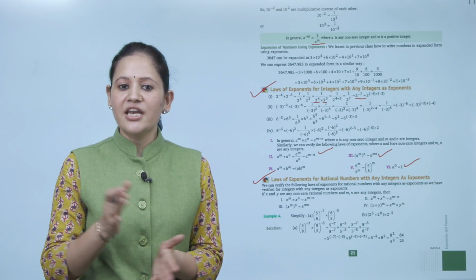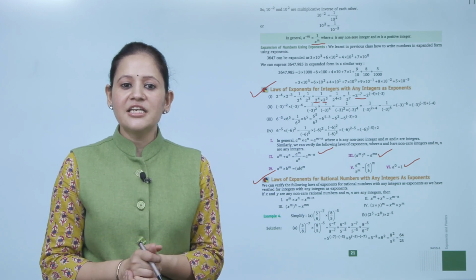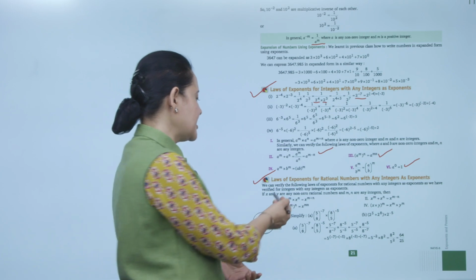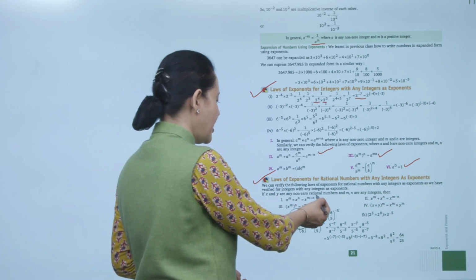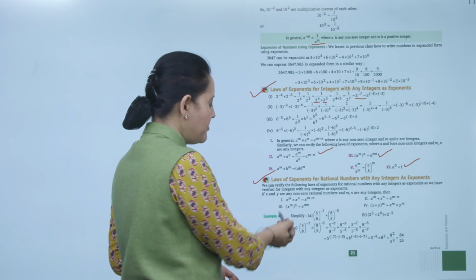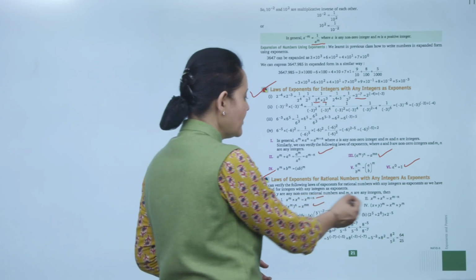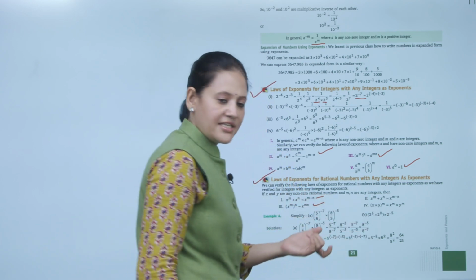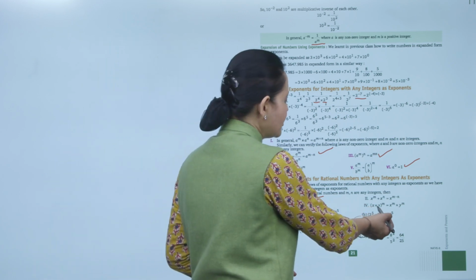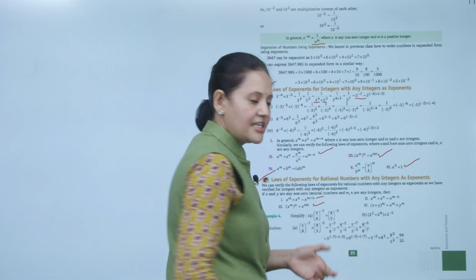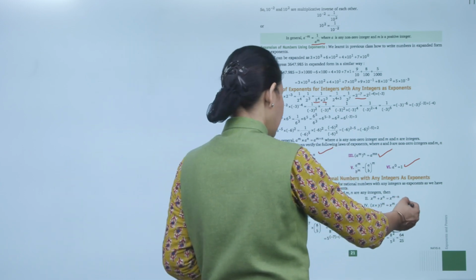If x and y are any non-zero rational numbers and m and n are any integers, then x to the power m multiplied by x to the power n is equal to x to the power m plus n, x to the power m whole power n is x to the power mn, x to the power m divided by x to the power n is equal to x to the power m minus n, and x into y whole power m can be written as x to the power m multiplied by y to the power m.